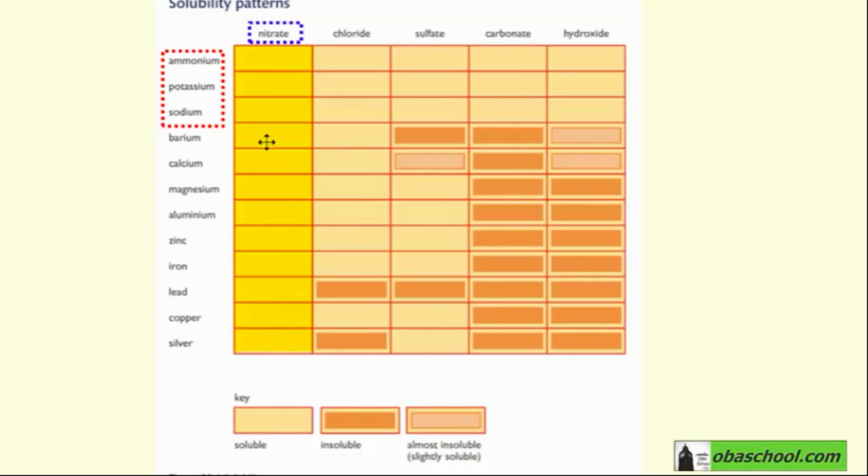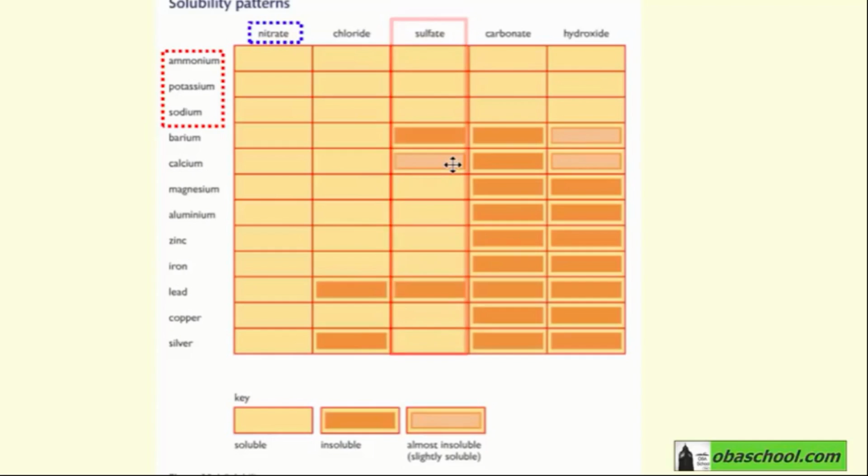Moreover, most of the chlorides are soluble, as you can see, except for lead and silver. They are insoluble. Most of the sulfates are soluble as well, except for barium and lead. We have calcium, it is almost insoluble.